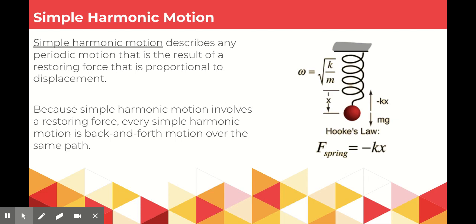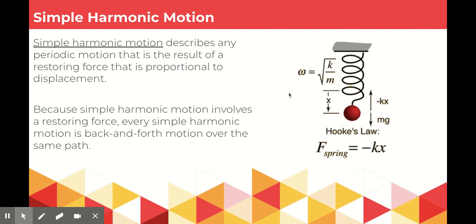That's important because you can have periodic motion caused by other forces, right? If you pick up your pencil right now and move it back and forth in front of you, technically you're moving it in a periodic motion, but there's no restoring force there. Your hand is moving the pencil, right? So we're specifically talking about a restoring force that exists within the system already, that is causing your motion.